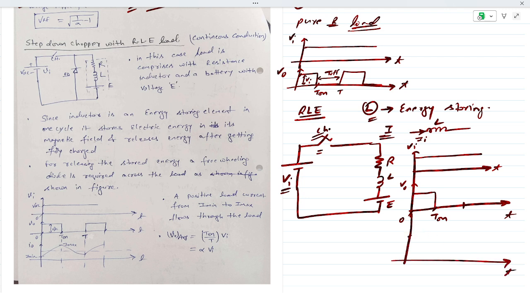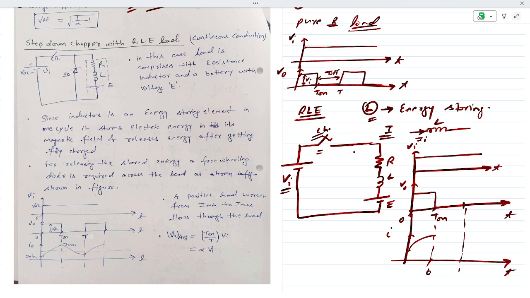Due to this L, current was gradually rising, like this, and at this moment, the switch is saying current should just go to zero. But this L will say no, I will not allow sudden change of current.